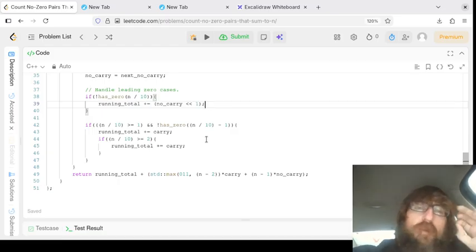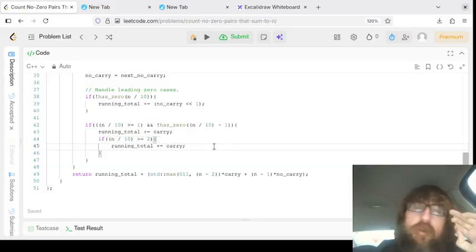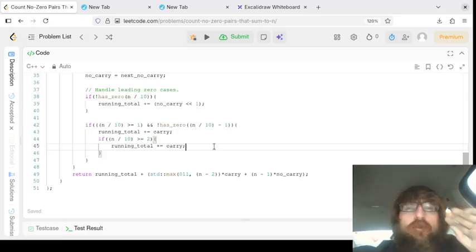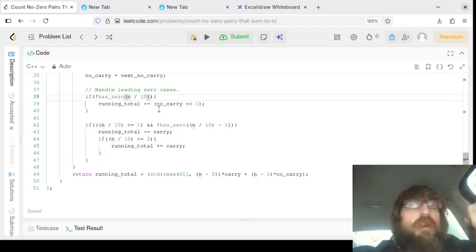Now, where things get particularly tricky and confusing is when you're considering the carry case. Now you've got a few subtleties. Number one, you're subtracting 1 from your prefix because of the carry. So now your prefix check is actually going to be n divided by 10 minus 1, which is subtle.